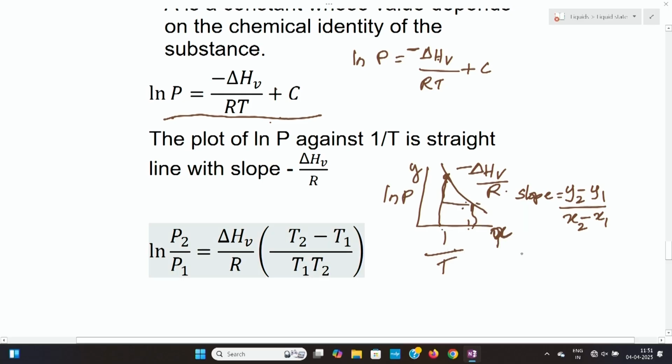And here one value will be our y1, and here one value will be our y2. So by plotting ln P against 1 by T, we can calculate the heat of vaporization of different liquids.